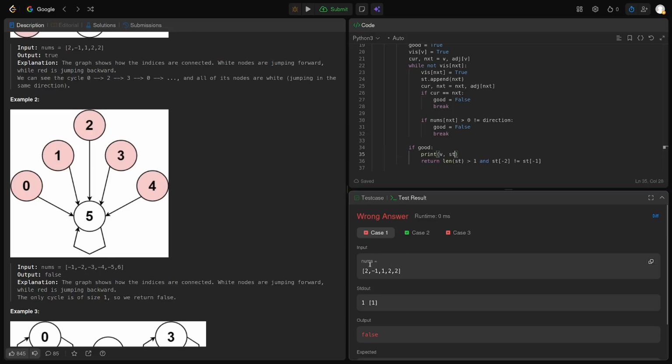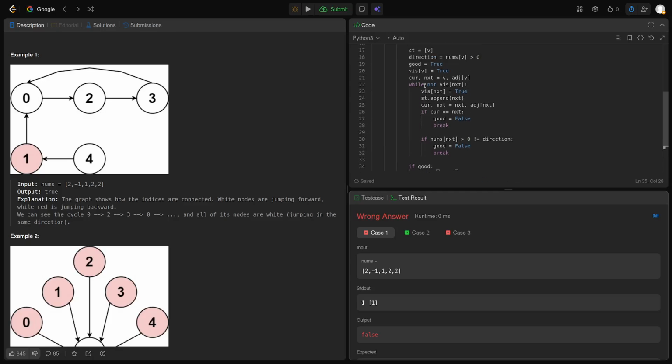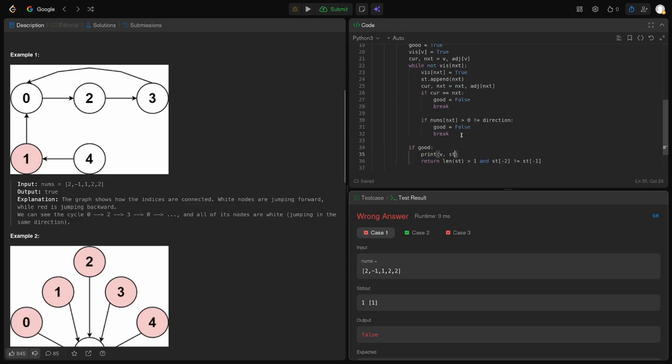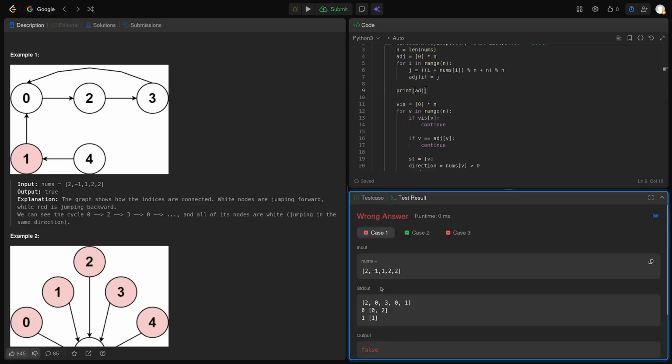Let's see. So zero, let's see, hash. So there we go to 2, 0, 3, 0, and then to 1, that's fair.